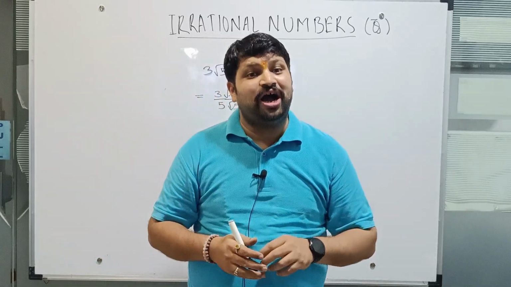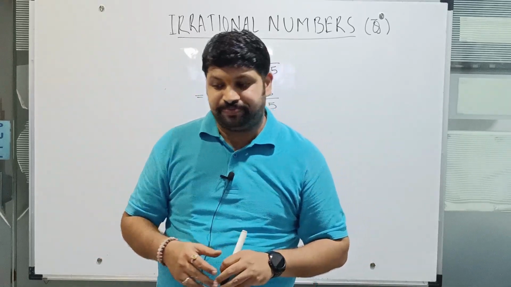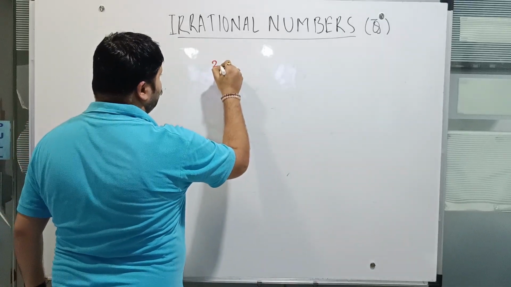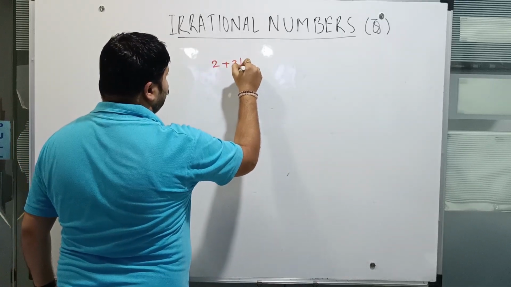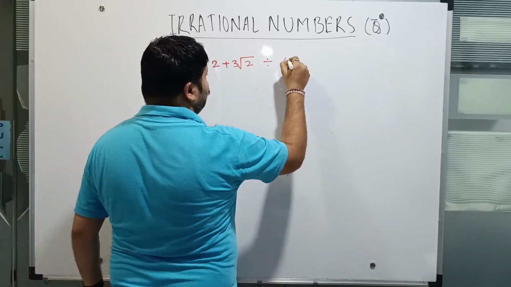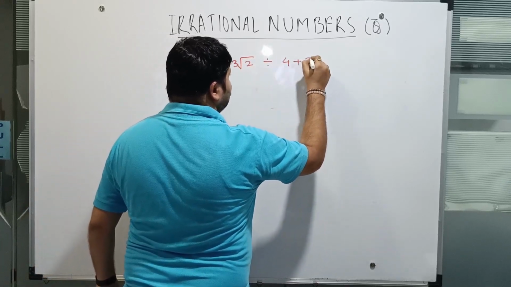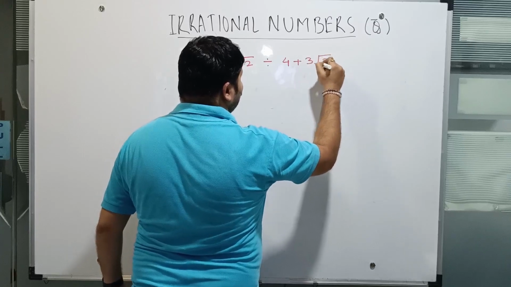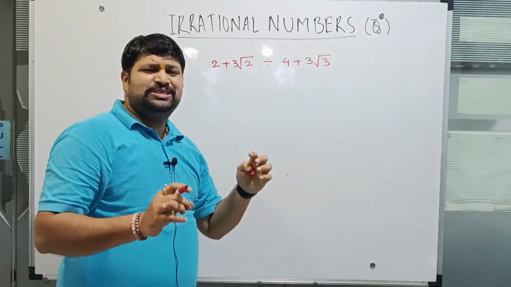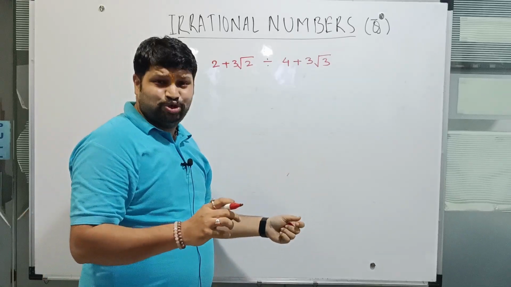So let us see how we would be doing it. So let us have, say, 2 plus 3 root 2 divided by 4 plus 3 root 3. Now we have to divide this number by this number. This is slightly tricky. Let's see how this works out.